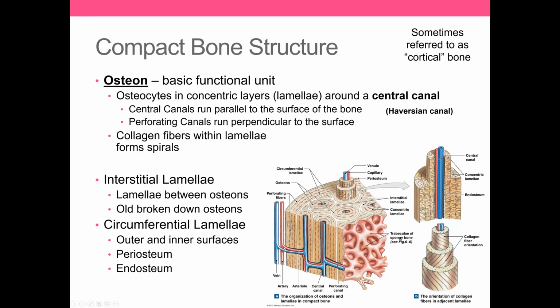On the very outer surface of the outermost circumferential lamellae, you'll have your periosteum. And on the innermost surface, around the circumferential lamellae in here, you would have your endosteum. Note that you've also got some endosteum lining the central canals, but we'll talk more about the endosteum in a moment.